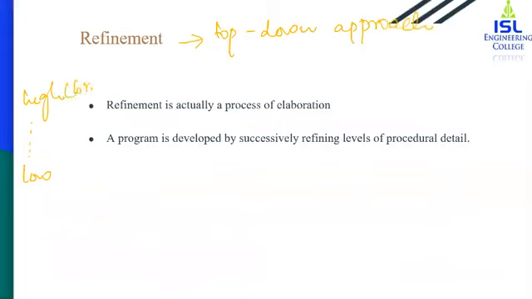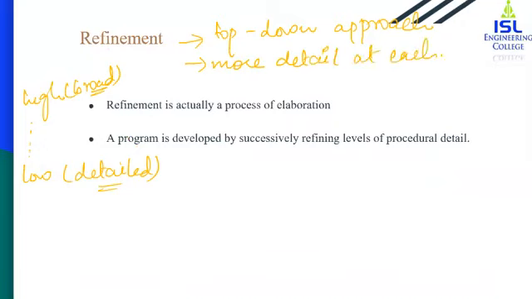High means you give the solution to the problem in broad terms, whereas in a low level of abstraction you give a detailed description of the problem. So in refinement, you give more detail at each increment. That is, how much you're refining the module, you give that level of information. More detail is given at each increment.